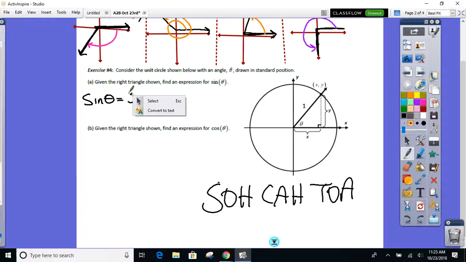Okay, I'm done. Opposite side over the hypotenuse side. Okay, every time I do that, it looks like the theta, and I don't want that. Okay, one last time.